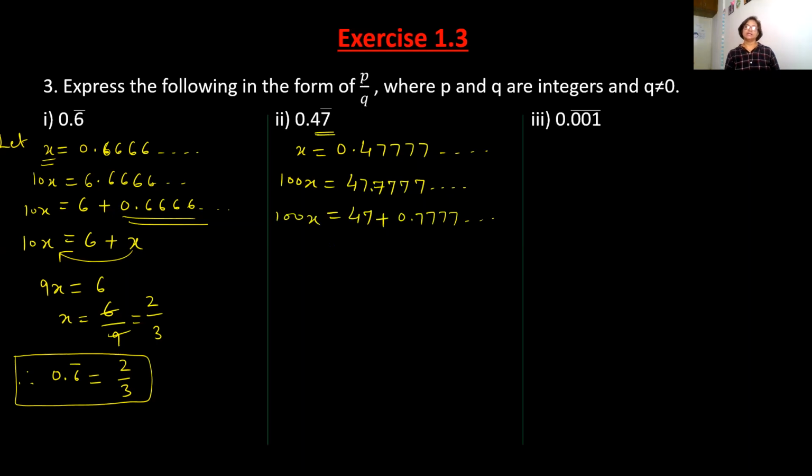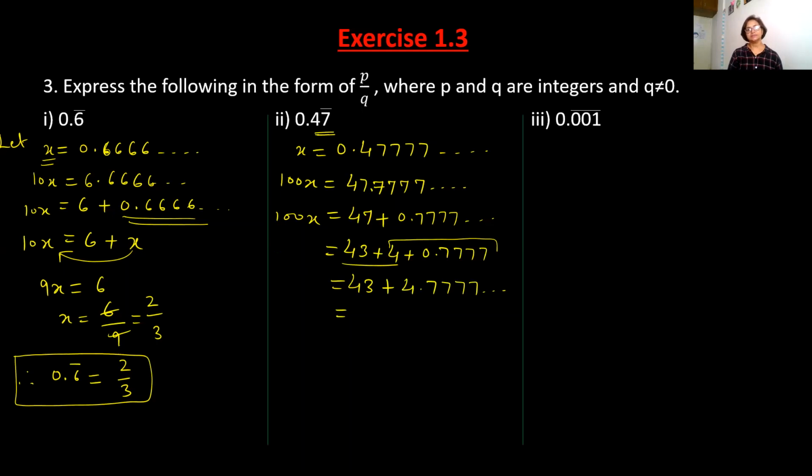That is 100x. This 47 also can be divided into 43 plus 4. I have only written in that manner. This will be the same here. Now, if you join these two, in the next term what will come? 43 plus 4.7777 and so on.